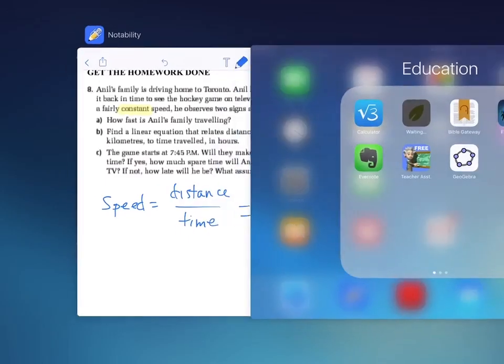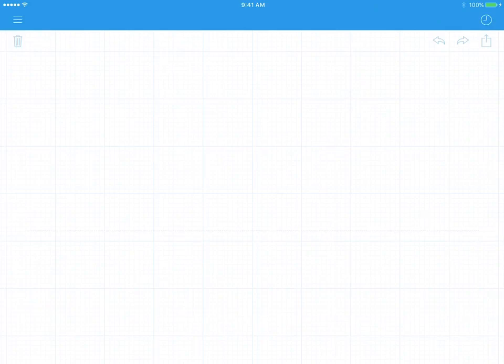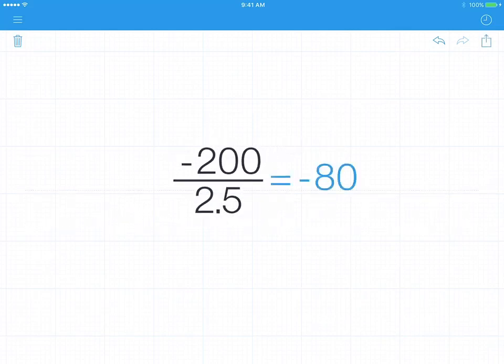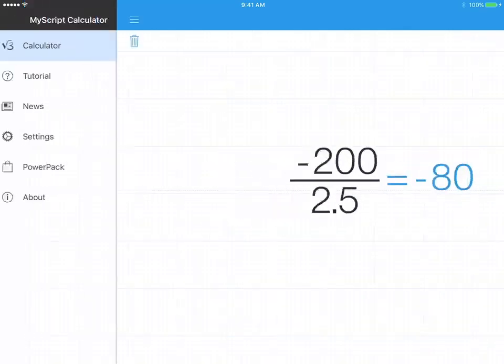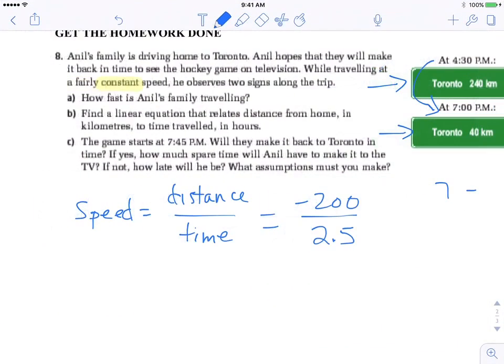And of course, if you want to use an easy breezy calculator, you can say negative 200 divided by 2.5, and that gives you negative 80. And neat calculator use. So your answer here is negative 80.